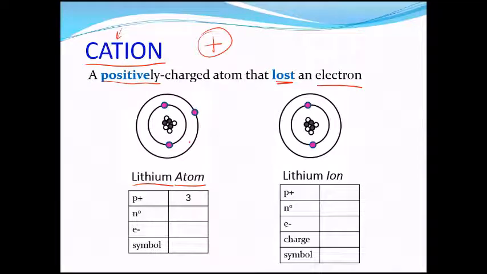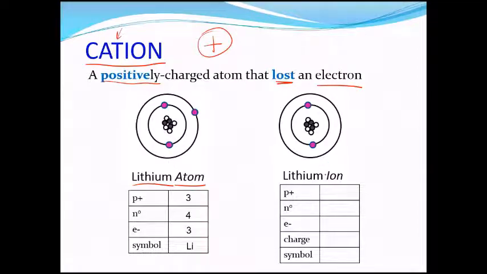So how many neutrons in this lithium atom? 4, very good. And these purple or pink dots, whichever color you want to call them, how many electrons are in the lithium atom? 3, good. And our symbol for lithium is just going to be Li, very good.